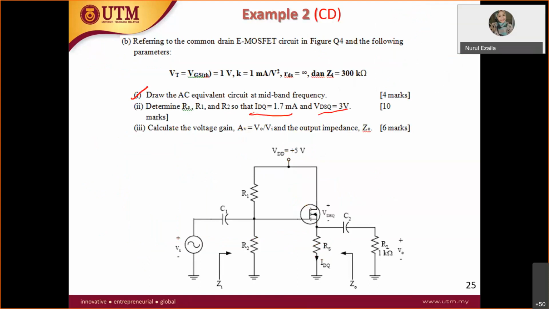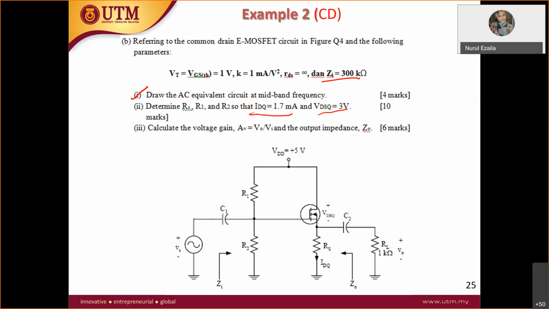I think there is something missing over here. Let me think about it. So is the source resistance given? It is 300 kilo. Is V out given?